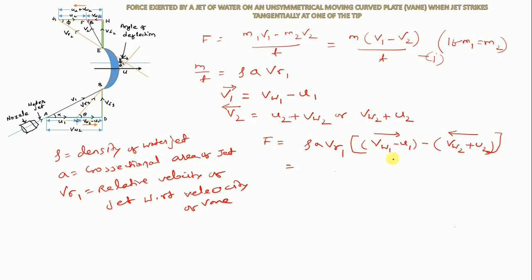So when we subtract two vectors, then we must change the direction and both components are kept in the same direction.